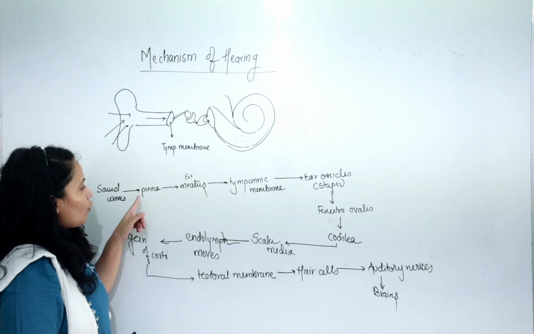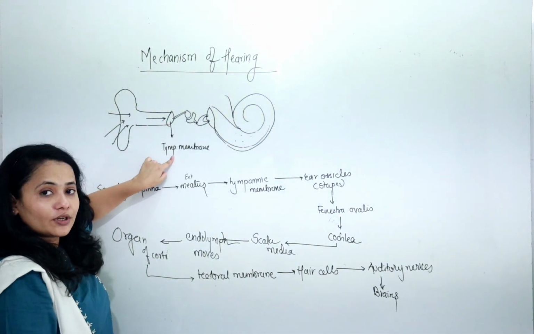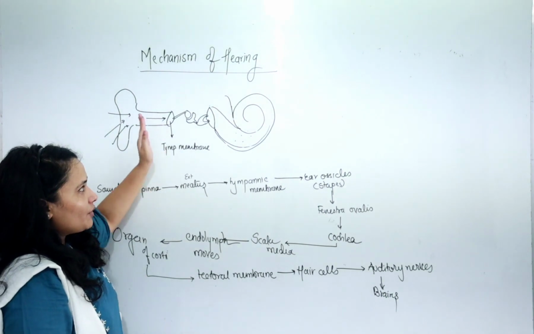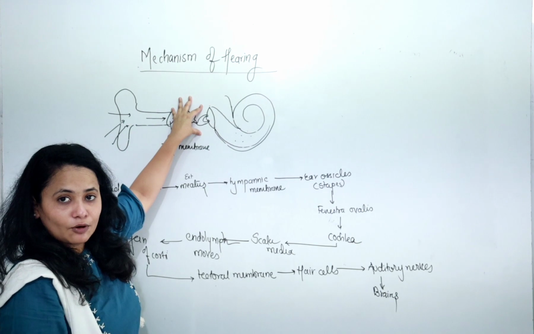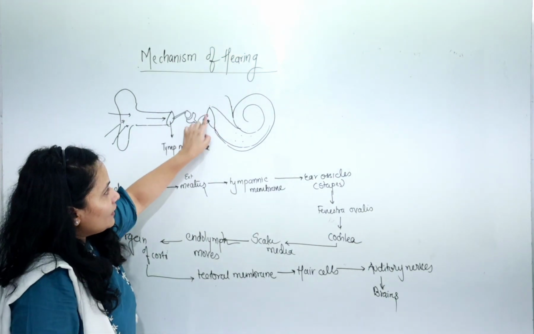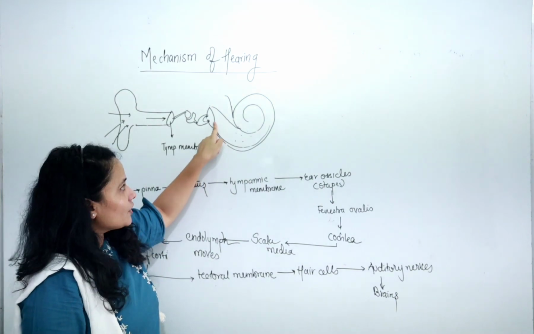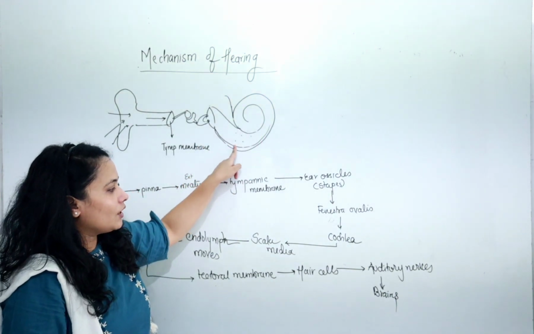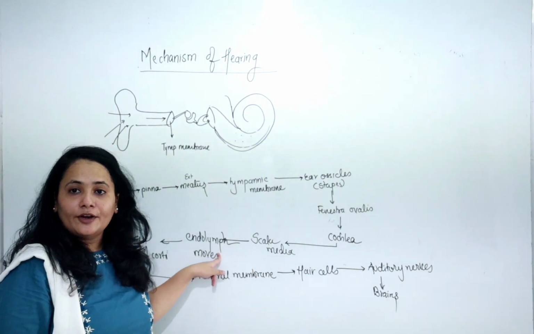Just a quick revision. Sound waves focus to the pinna. From the pinna it goes to the auditory meatus. From here it goes to the tympanic membrane. The vibration of the tympanic membrane will move the ear ossicles. It will amplify the sound 20 times. Then the stapes is connected to the fenestra ovalis. Fenestra ovalis will move the cochlea, it will move the scala media endolymph.